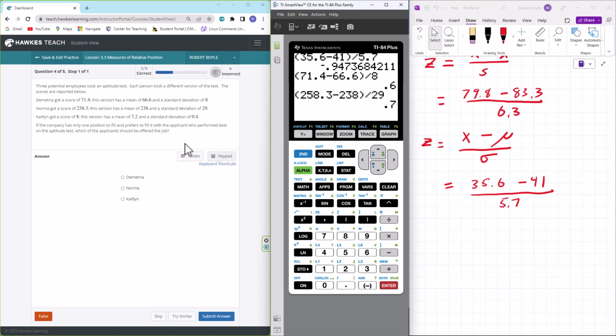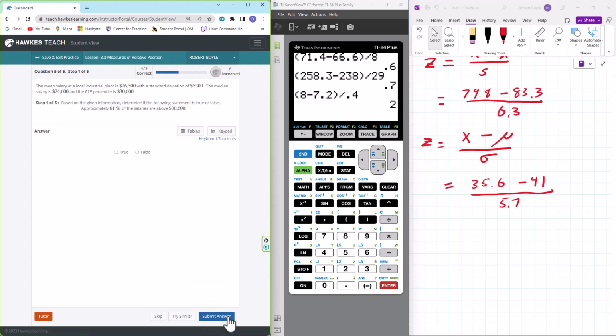And then finally we have Caitlin, parenthesis, score of 8, minus a mean of 7.2, close the parenthesis, divided by 0.4. And she has a z-score of 2. So we have 0.6, 0.7, and Caitlin is all the way up to 2. I think Caitlin's the one we want to offer the job first because she has the highest z-score.